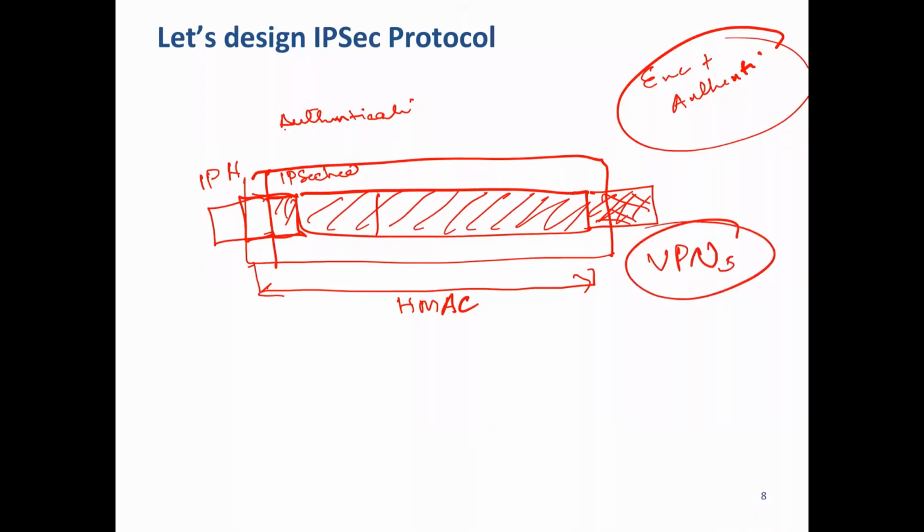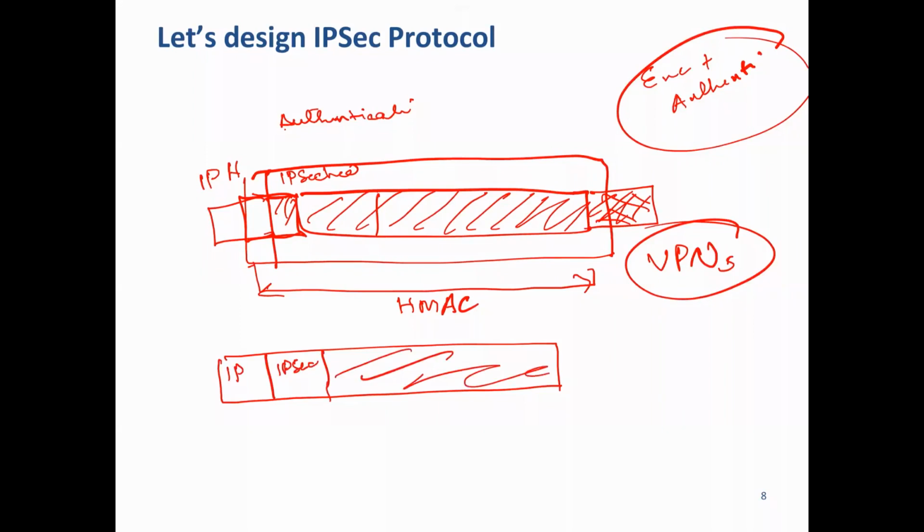But there is also a possibility that your machine can generate the IPSec header. Then your machine can directly create the IPSec header, and this is the actual IP header, and then this can be the payload.